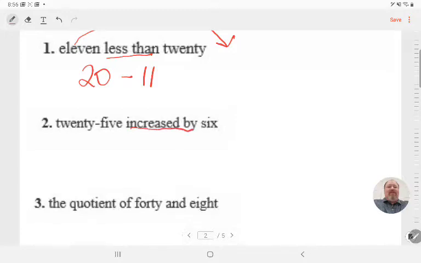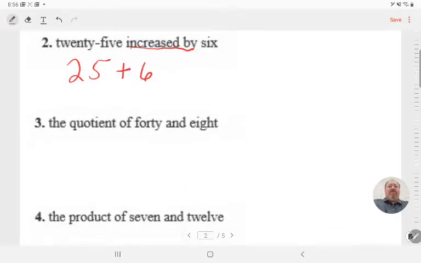So increased by 6, that's our key words. So 25 plus 6. Okay? Number 3, the quotient of 40 and 8. Again, our key word would be quotient, which tells me it's division. And so it's 40 and 8. So it would be 40 divided by 8.